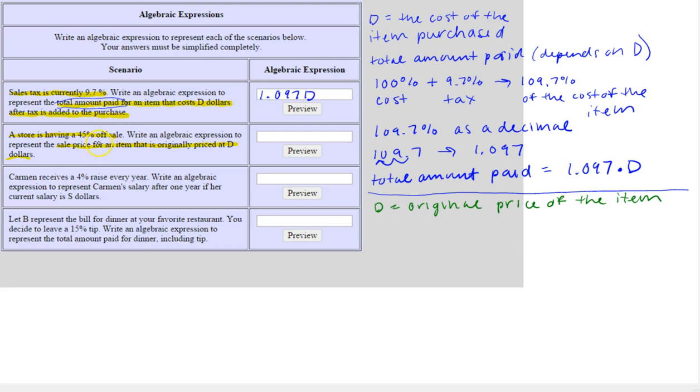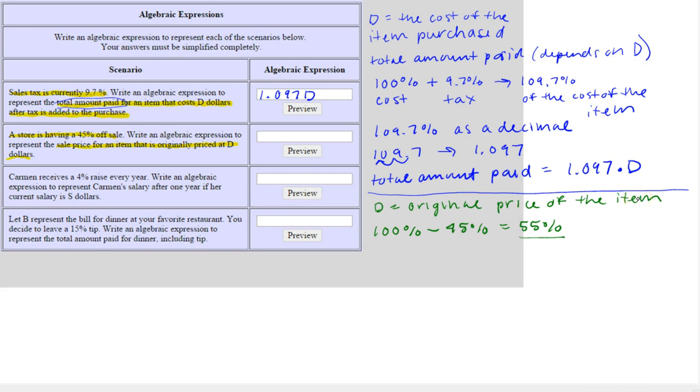Now, it's a 45% off sale, so normally we'd pay 100%, that's the original price, but they're subtracting off 45%. This means we're going to pay 55% of the original price of the item.